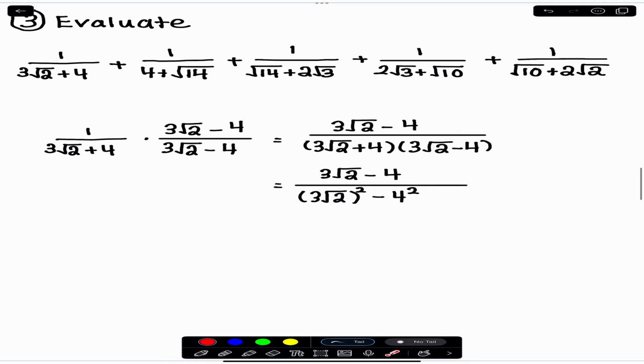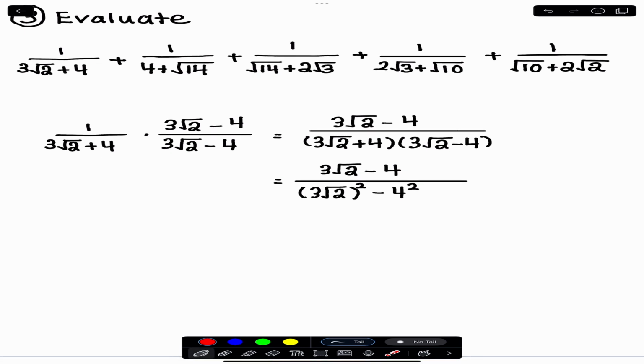Because the 2 terms in the middle cancel. So this negative 4 times 3 root 2 ends up being negative 12 root 2. But then we're adding plus 4 times 3 root 2. That's a plus 12 root 2. Minus 12 root 2 plus 12 root 2, oh, once again, that's 0. So those go away. In the end, we're just left with these 2 terms.